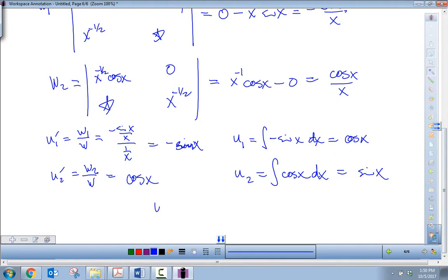So our particular solution will be, I think I'll do this in purple, y sub p as u1 times x to the negative 1/2 cosine x. That's our y1 solution, plus u2.